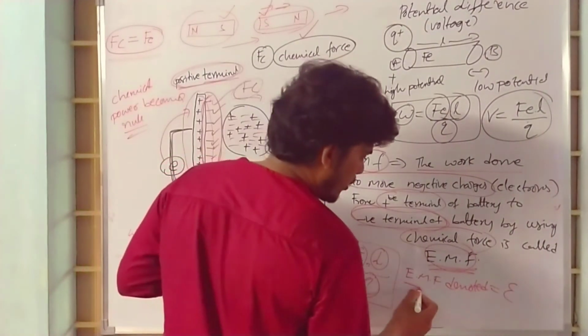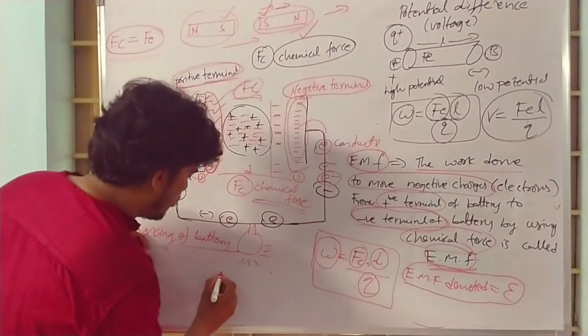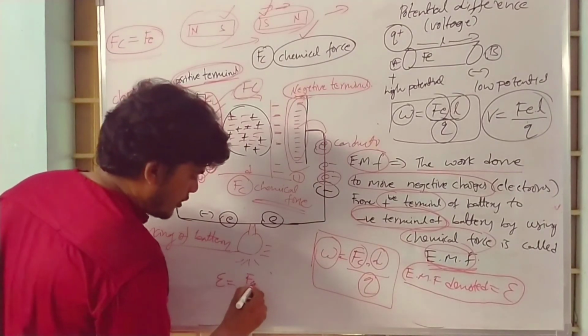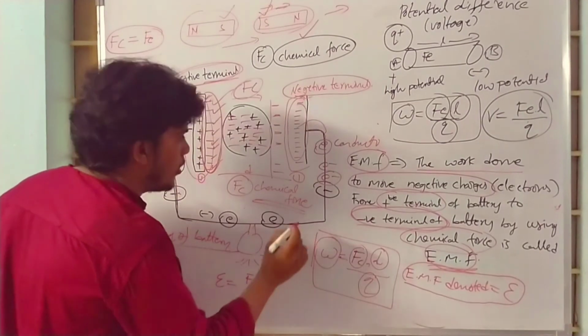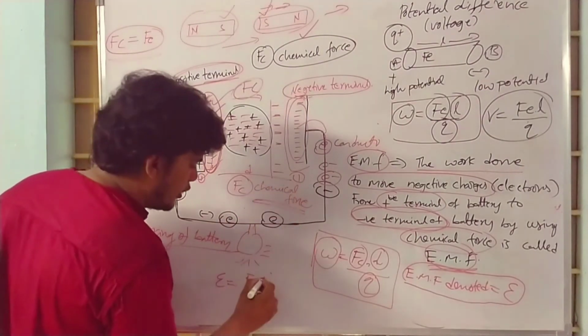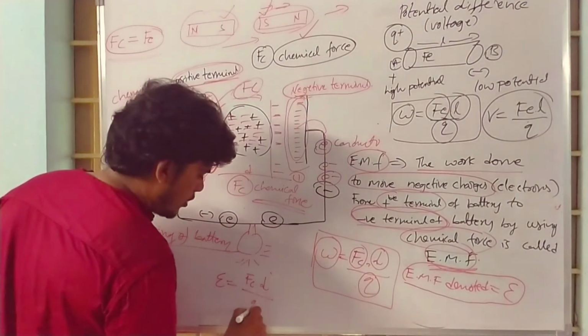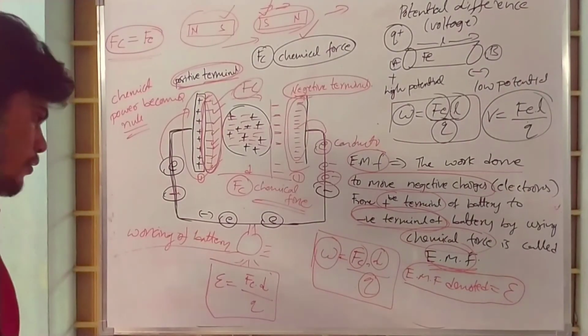Electromotive force is denoted with the symbol epsilon. So epsilon equal to the applied chemical force Fc into distance d by the charge Q. This is the formula of electromotive force.